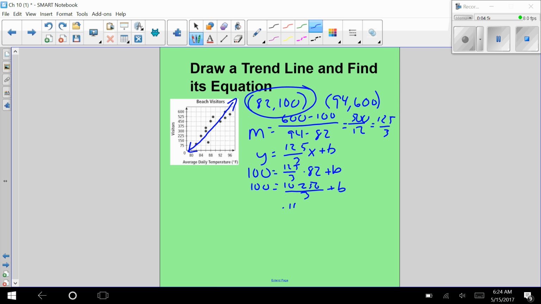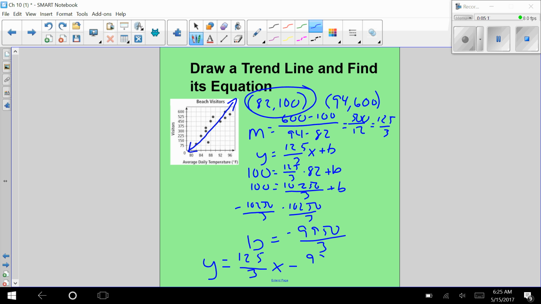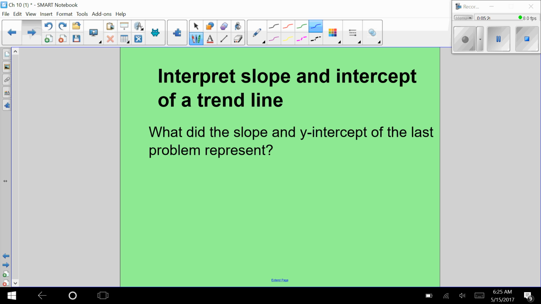Now I'm going to subtract that off of both sides. So b will equal negative 9,950 over 3. And my final equation then is y equals 125 over 3 x minus 9,950 over 3. Now you could have used decimals in this example also. I just chose to use fractions.